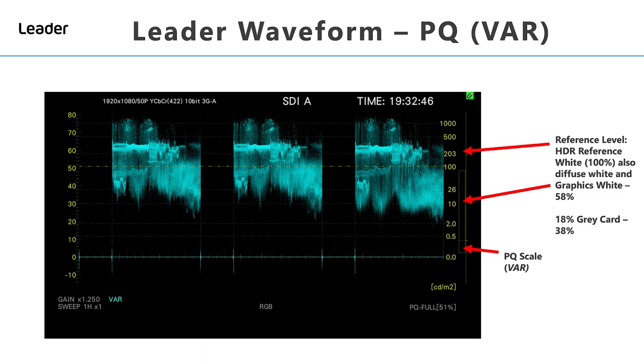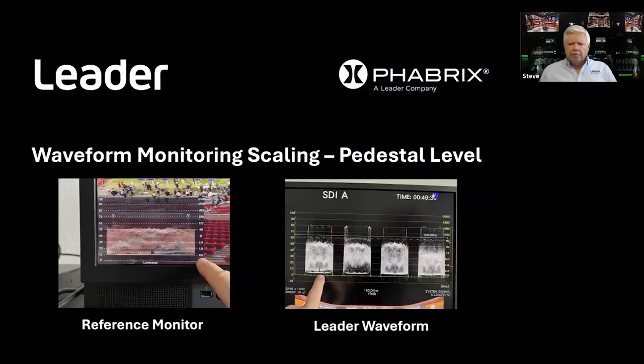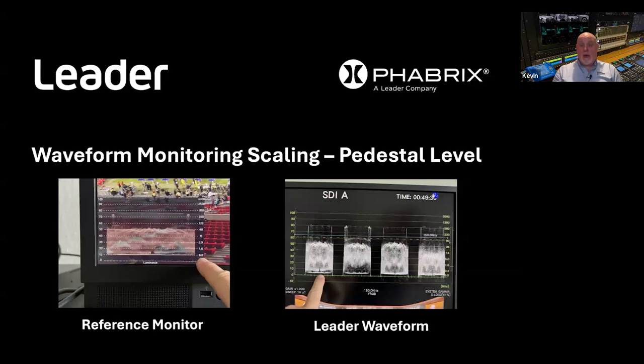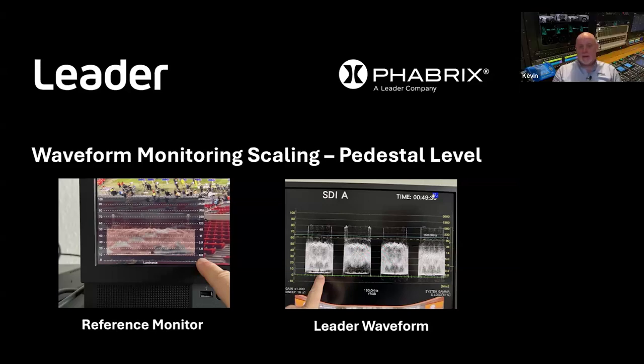Yeah, this is an interesting one. I've actually seen an example where a client was using some internal software products on a reference monitor display. So this is not just a monitor, it's a reference monitor. He was struggling to understand why, on the right, you see the waveform monitor showing wide RGB, and you can see the black pedestal is where I'd expect it to be.